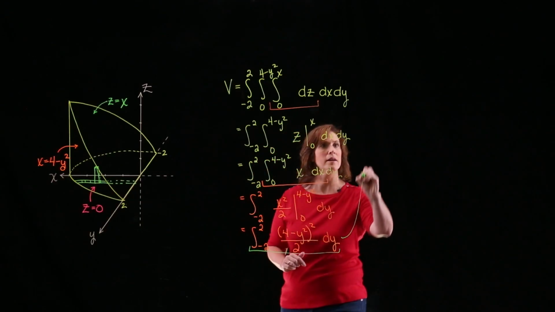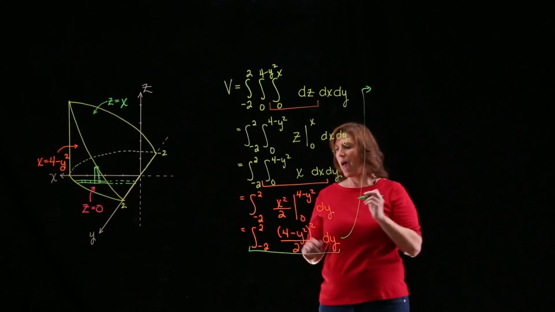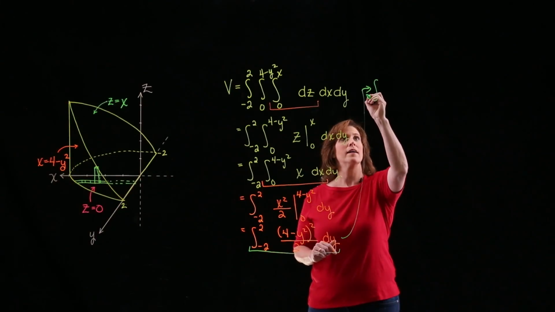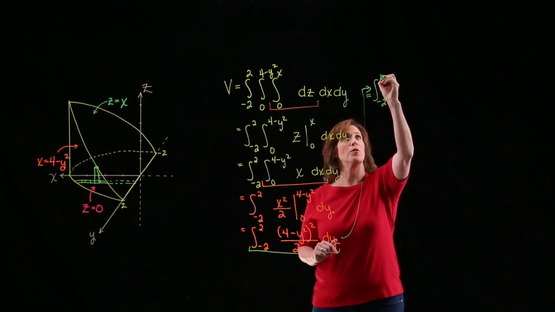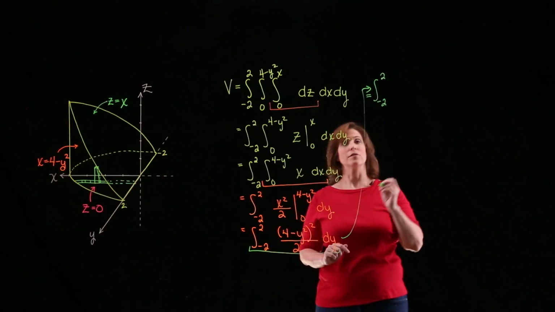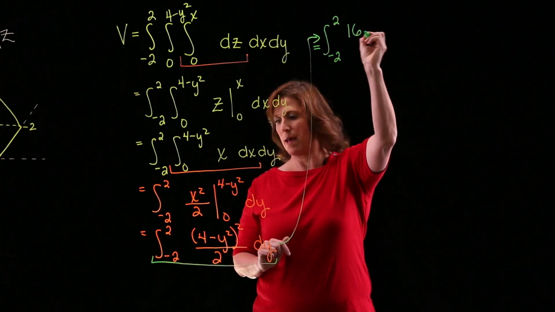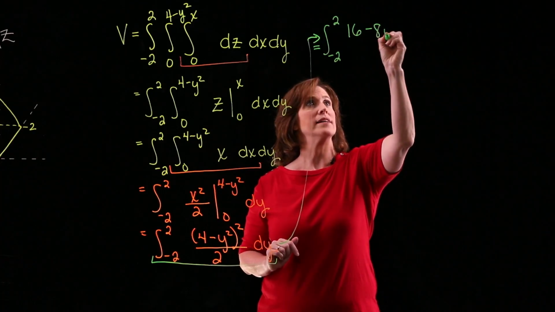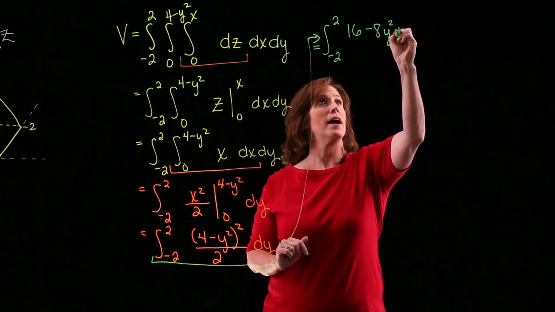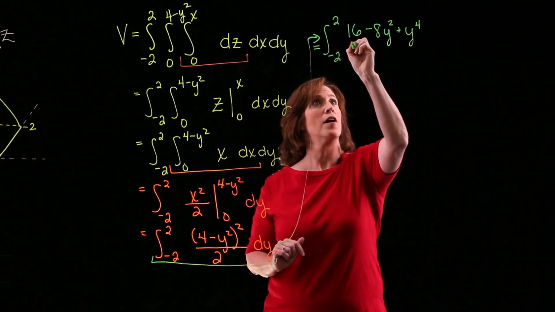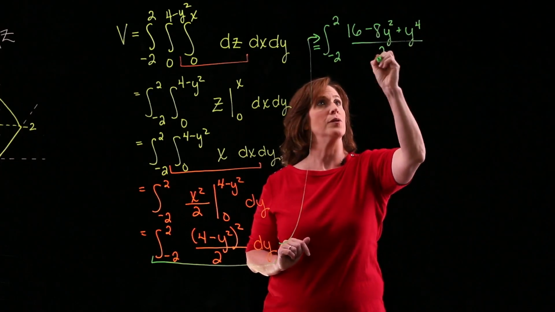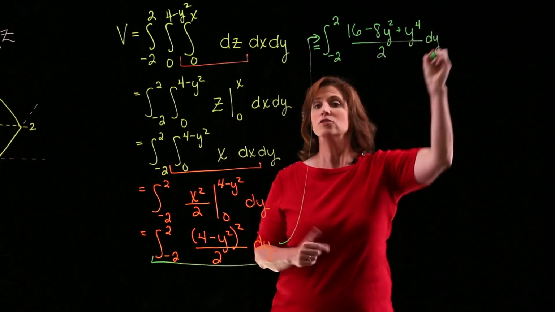Okay, now I'm ready for that last integral. Before I work on it, I am going to multiply this out. So I'm going to have 16 minus 8y squared plus y to the 4th all over 2 dy, just using FOIL.